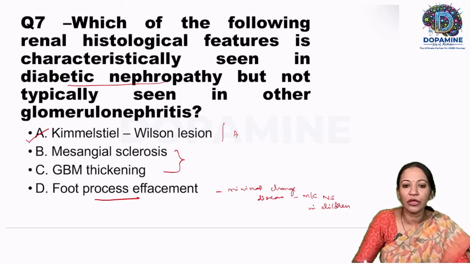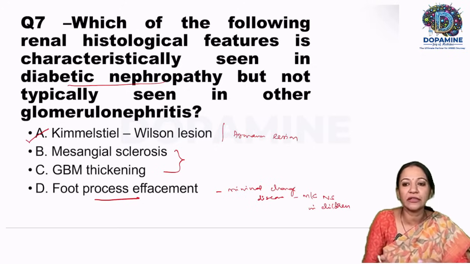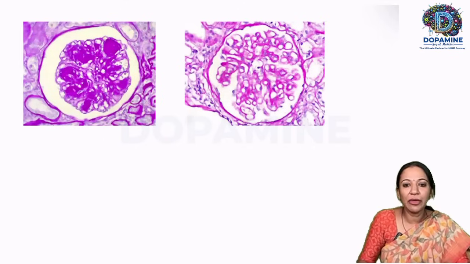The other terminology is also called Armanni lesion. We don't use this terminology right now. The current terminology is Kimmelstiel-Wilson or nodular glomerulosclerosis, but remember this as well, Armanni lesion. So how the image will look, see I have given, this is the normal glomerulus and this is the Kimmelstiel-Wilson lesion.